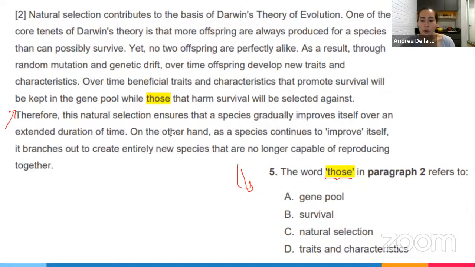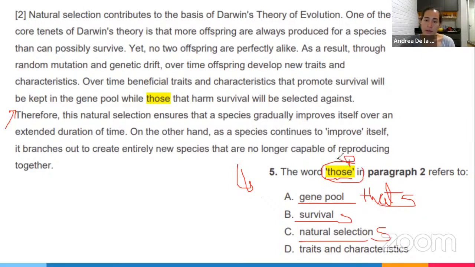Because you know that "those" cannot be referring to gene pool. If it was gene pool, then it would have to be "that." You know that it cannot be referring to survival, and you know that it cannot be referring to natural selection, because all of these are singular nouns. The word "those" is plural and has to be referring to a plural noun.